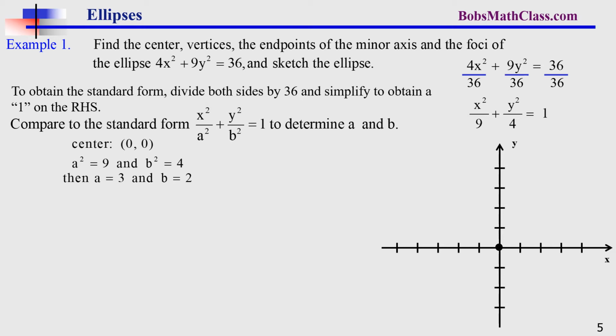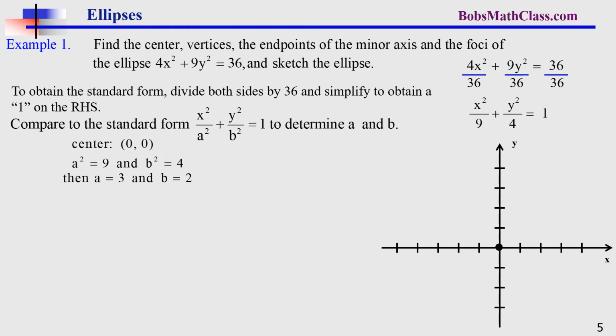Okay, what that means is a is underneath the x, correct? So that means the x is left and right. So we're going to go 3 left and 3 right from our center. And then since our b is 2, we're going to go 2 up and 2 down from our center.